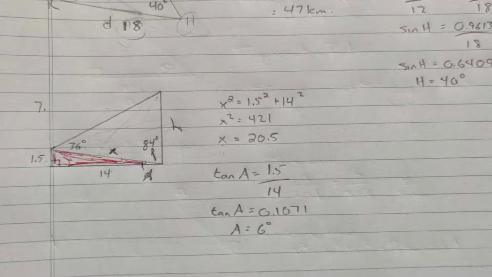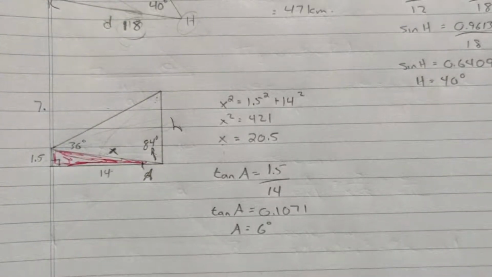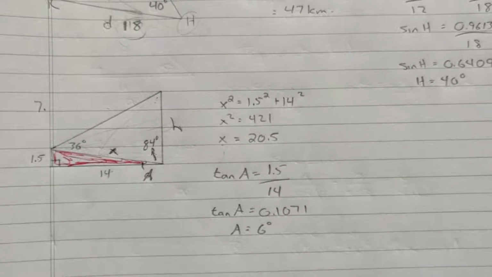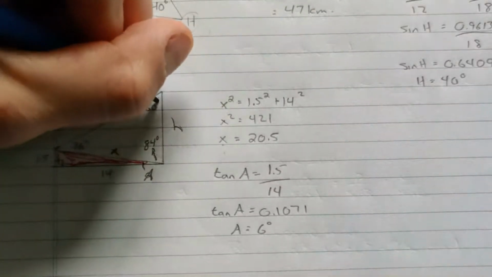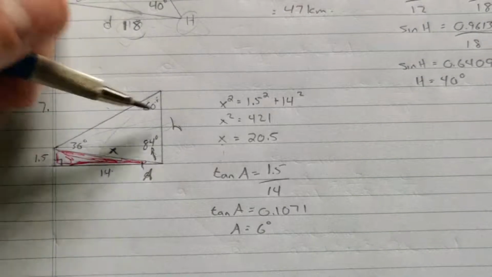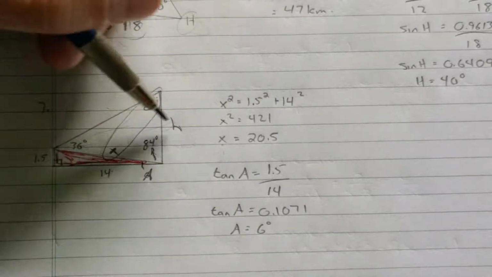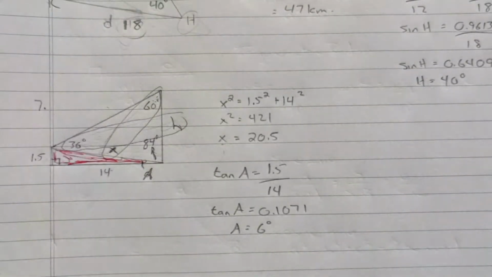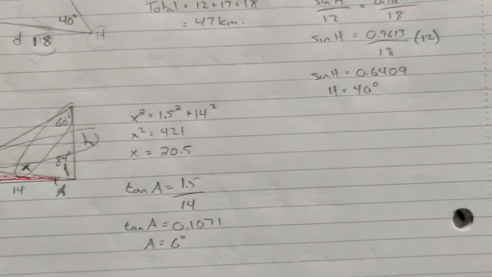And if that's 84 degrees, then this angle up here is 180 minus 84 minus 36. That's going to leave me with 60 degrees up here. So I got a 60 degree angle with the x, I got a 36 degree angle with the h, and now I can just use the sine law to solve this.